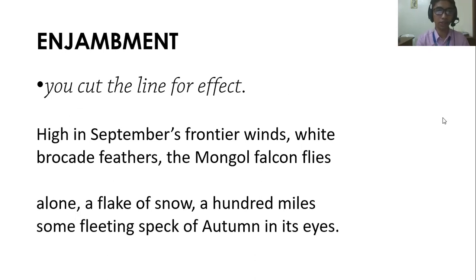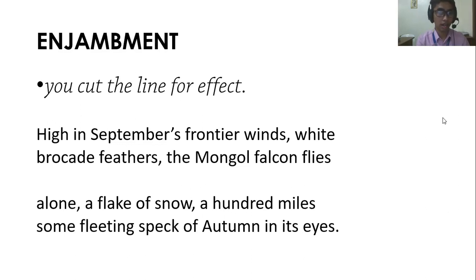High in September's frontier winds, white brocade feathers, the Mongol falcon flies, alone, a flake of snow, 100 miles, some fleeting speck of autumn in its eye. This is translated by David Hinton, and this line from Li Po's poem shows how to use enjambment to heighten the imagery. Notice the effect of being white and alone were intensified.